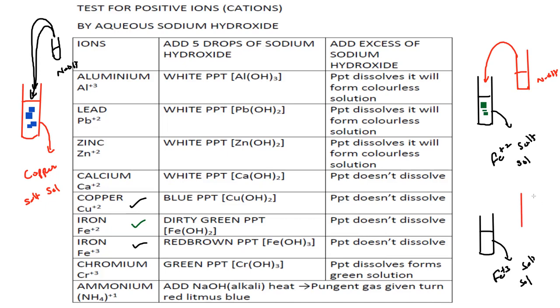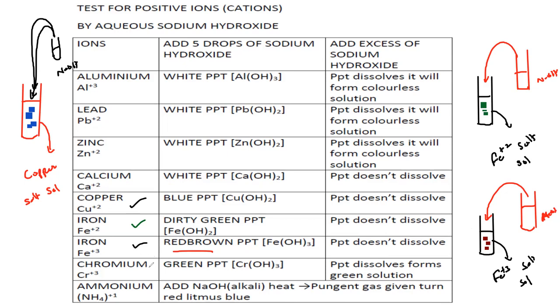For each positive ion we are adding sodium hydroxide, and we just have to memorize what the observation could be. What is the observation when a salt solution contains iron 3 ion and we add sodium hydroxide? We'll observe a red brown precipitate. And when we add an excess, the precipitate does not dissolve. The precipitate remains as it is.